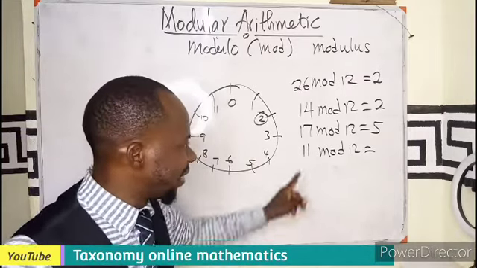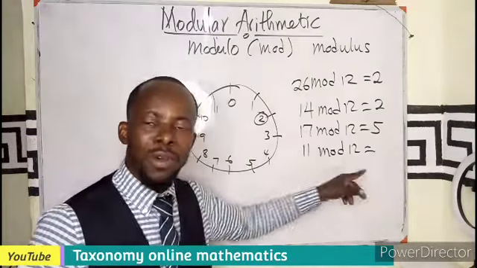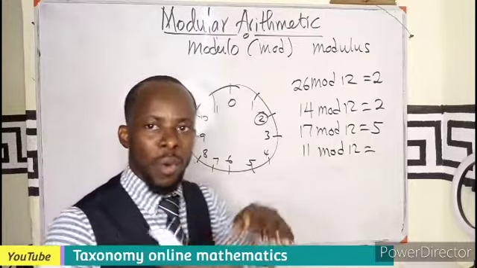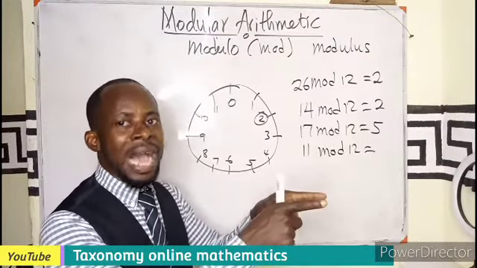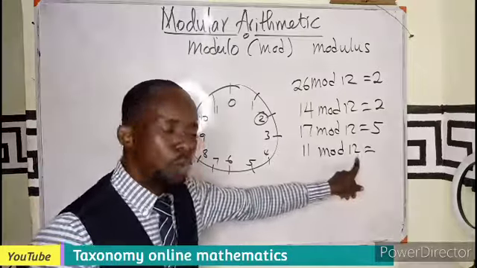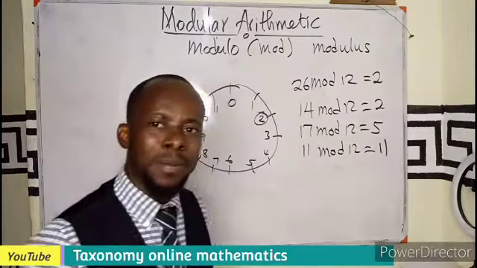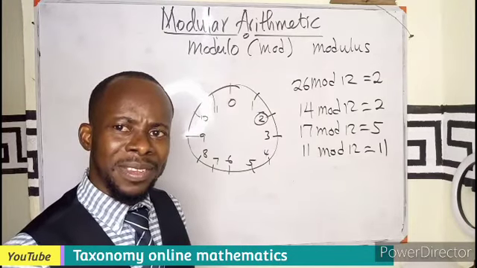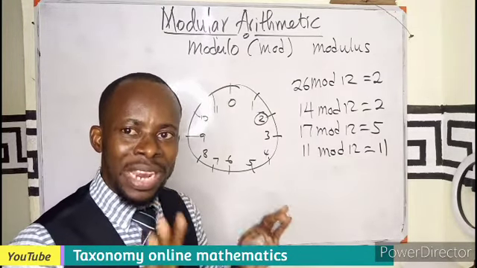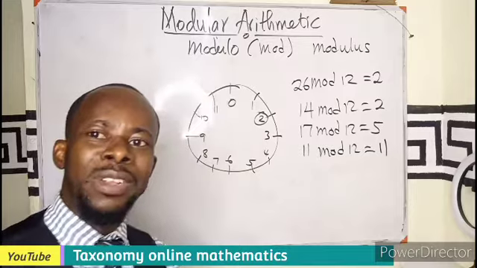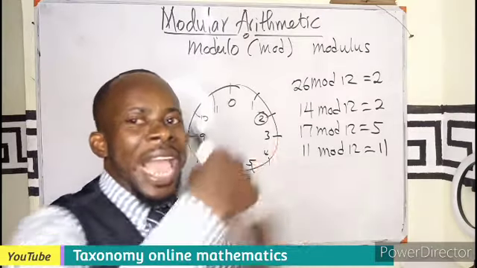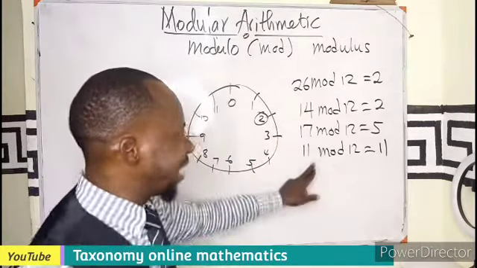You can see that this is not up to 12 for me to roll over. So wherever I am, it is my answer. So 11 mod 12 will still be 11. It should still be 11 because I have not gotten to the starting point or the end point to roll over. So I state it.